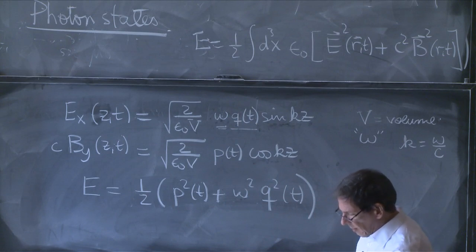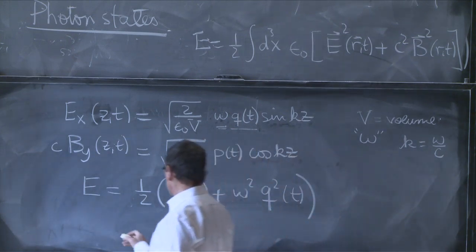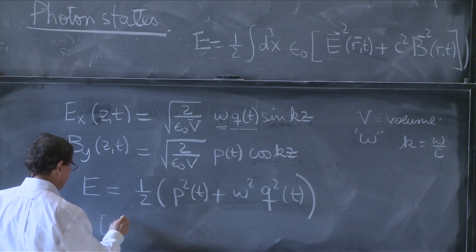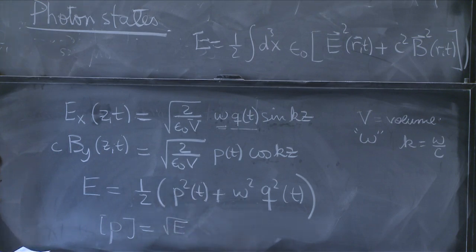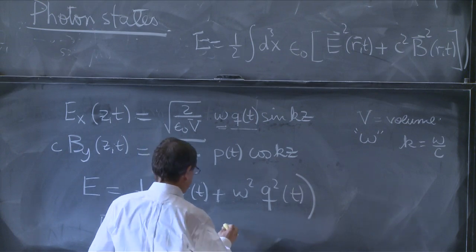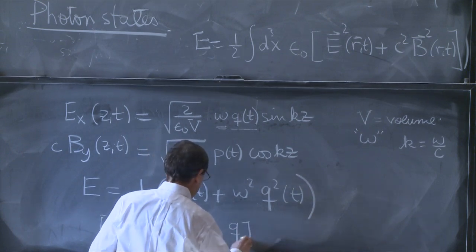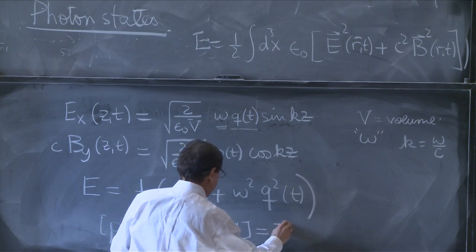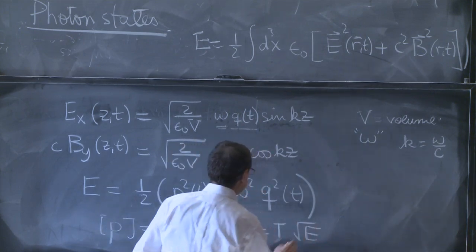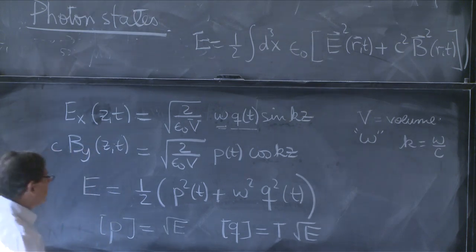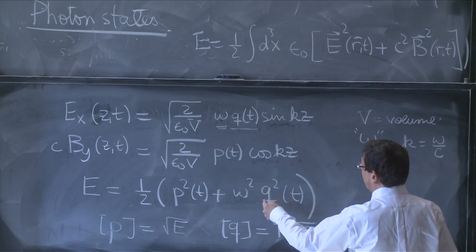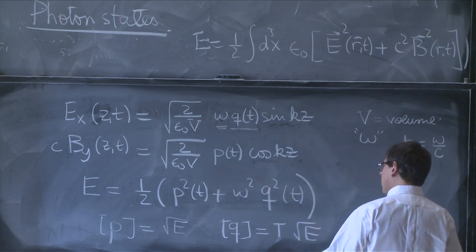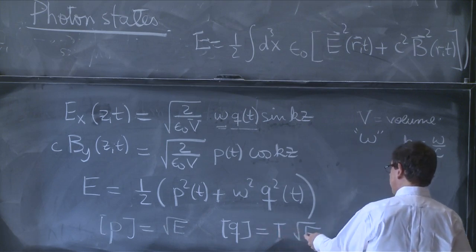So P has units of square root of energy. And Q has units of time times square root of energy. Why is that? Because omega has units of 1/time, so Q over time squared is energy, so Q is time times square root of energy.